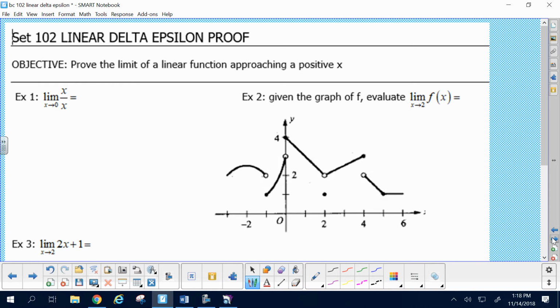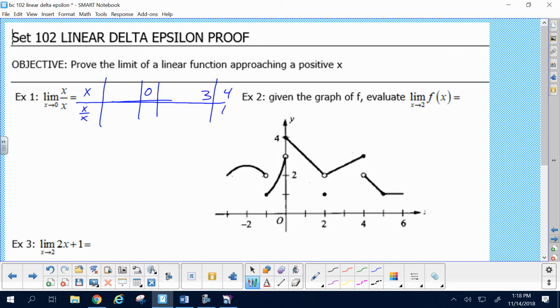Okay, so let's make a table. Yes, let's make a table. Would you put 0 in the middle? Yes, you will. And when x is 4, what's the result? 1.